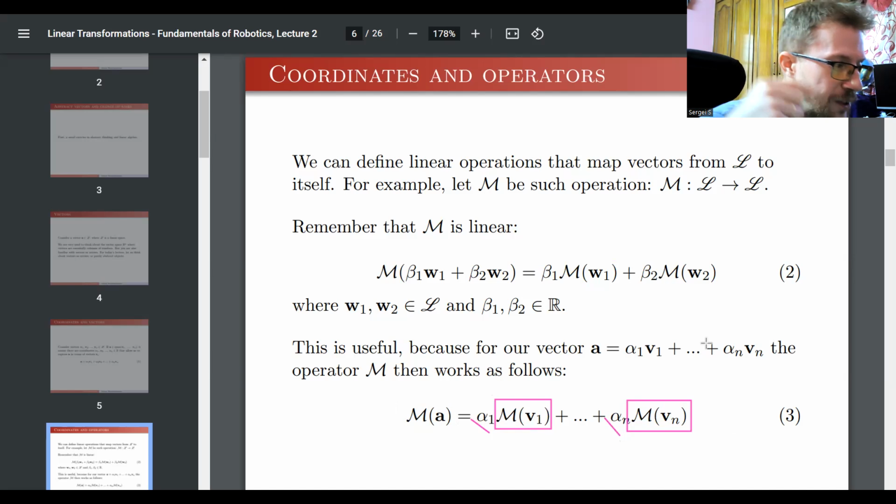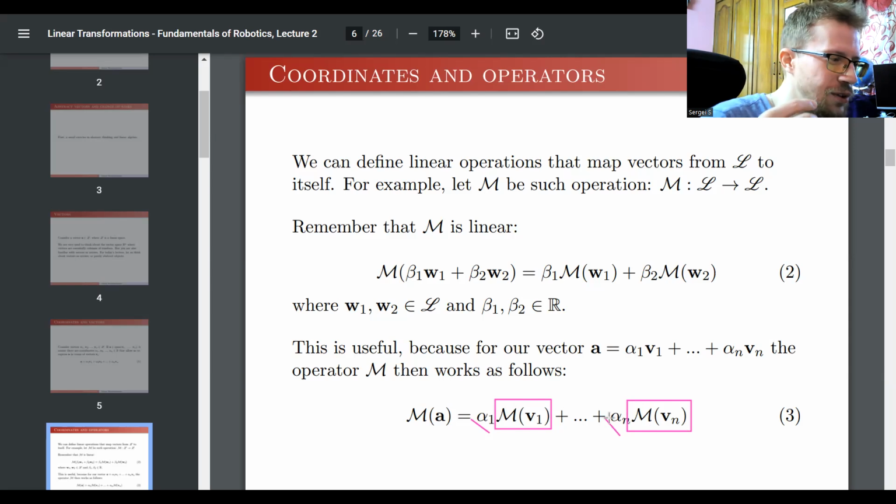So instead of performing a linear operation on the vector A, which I don't know how you would do, instead we perform it on v1, v2, v3, vn. We don't necessarily know how this is done either, but the good thing is there are only n vectors. Let's say there are 3, like v1, v2, v3.